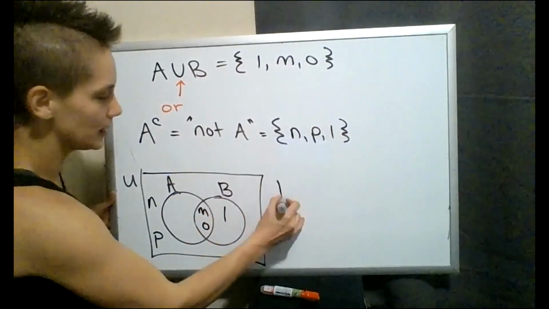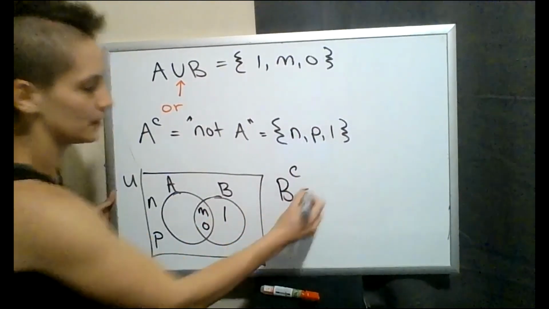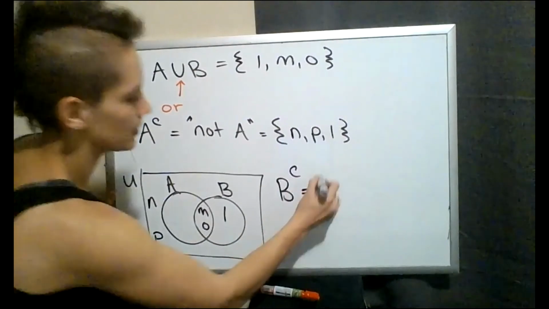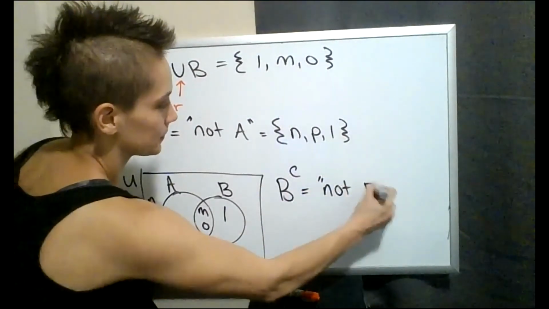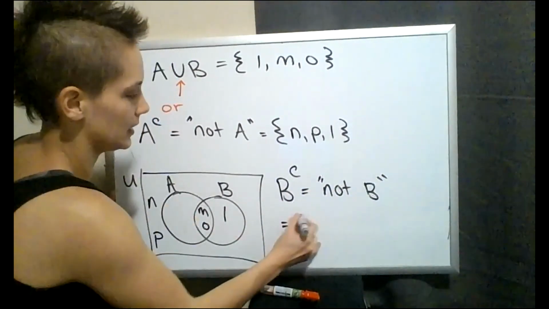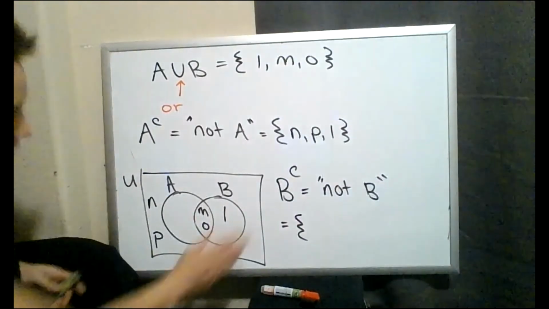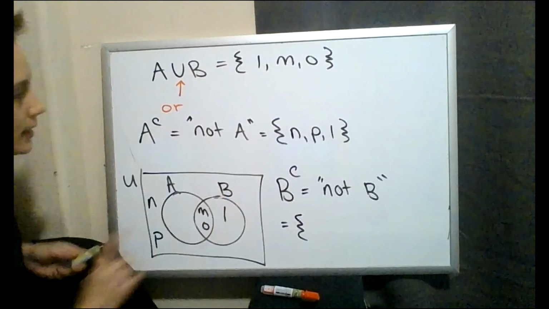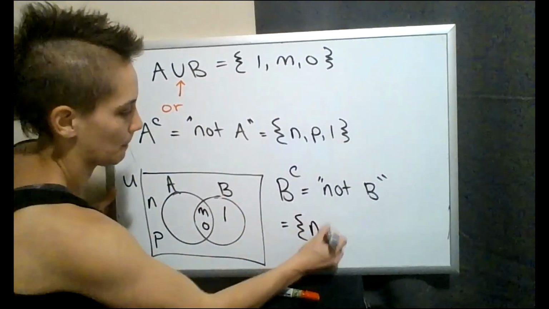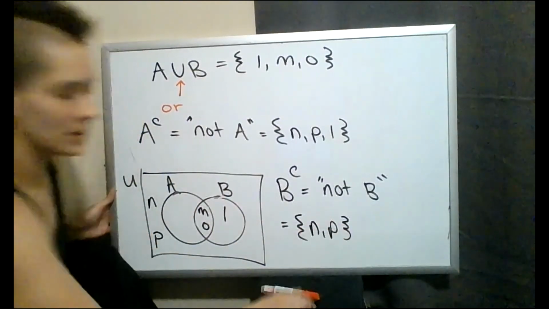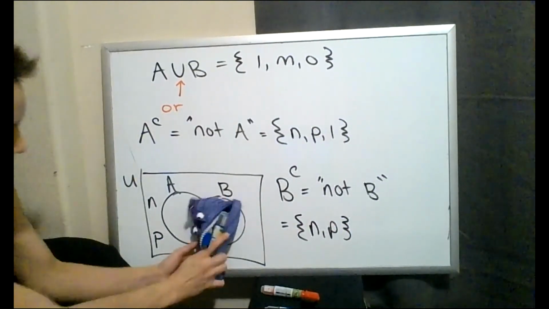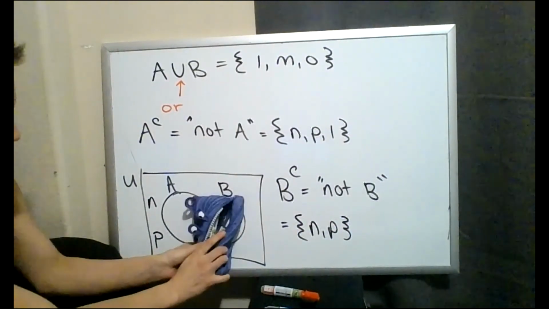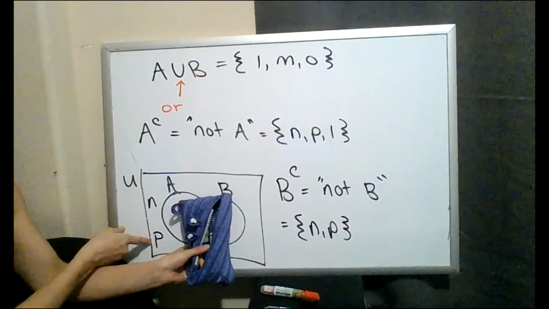Here, B complement. So if you're not in B, then it's the set of everything else outside of B, which is N and P. And double check that one. So if you hide that set, got these elements left over.